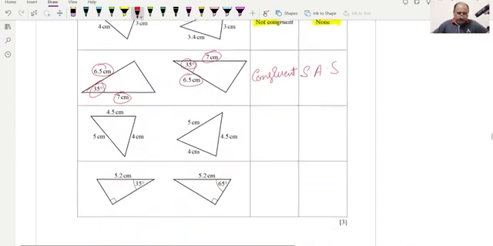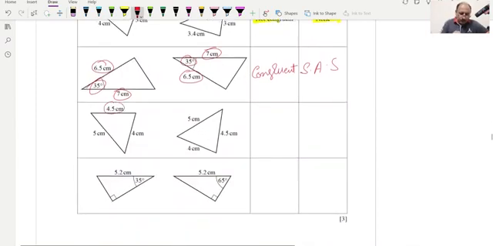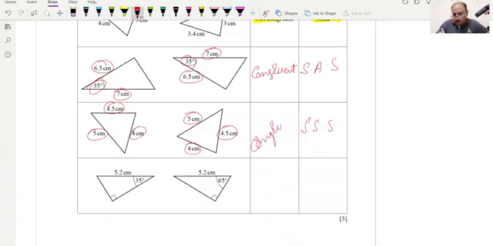And for the next row, this side is 4.5, 4.5, this side is 5, 5, 4, 4. So all three sides are equal. So SSS theorem. So it will also be congruent.